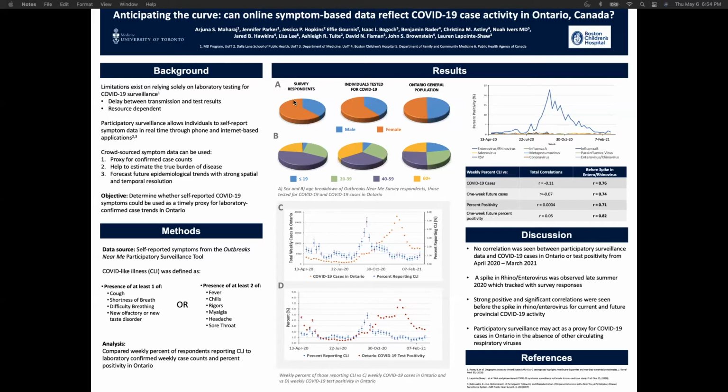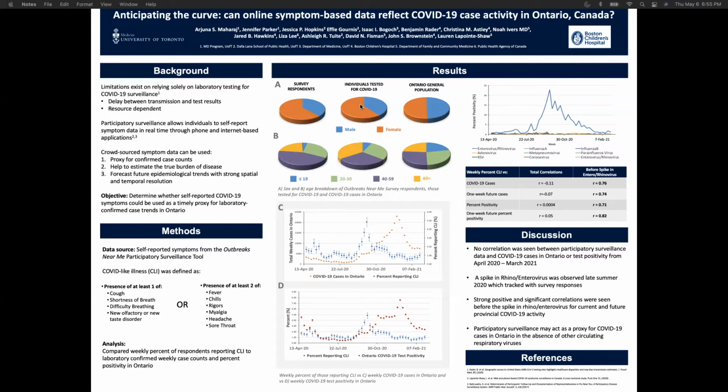We see approximately 60% female and 40% male. And this was similar for those who received a COVID-19 test in Ontario, about a 60-40 split. This can reflect greater health-seeking behavior in females, or could also represent a greater proportion of females in healthcare.